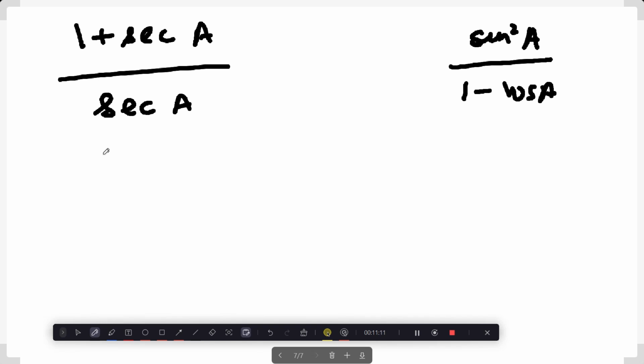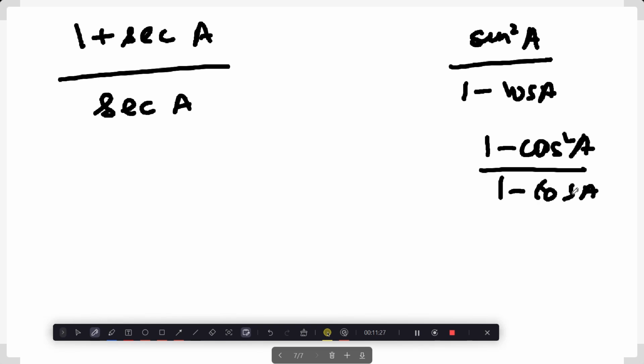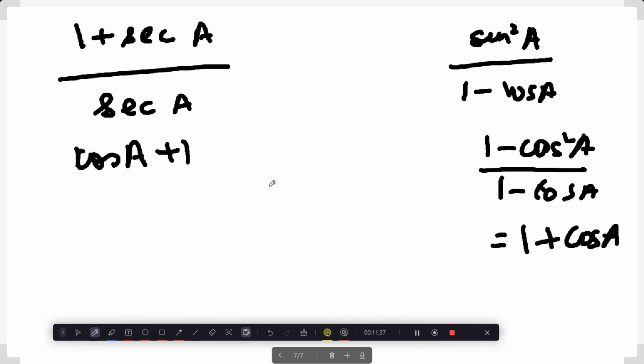So what will this become? If we write it like this, 1 minus cos square A upon 1 minus cos A. You can start with anything first, right? So this will be left as 1 plus cos A, right? That is what we'll be left with. So look here as well. 1 by sec A is what? Cos A. So cos A plus 1, LHS is equal to RHS. Simplest solve ever.